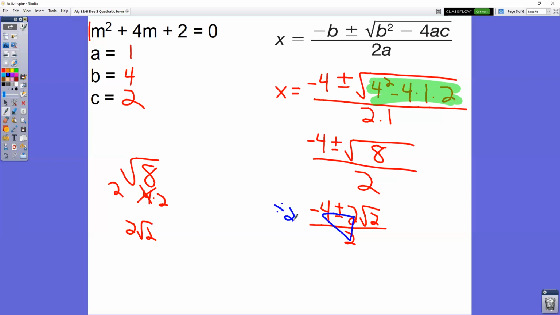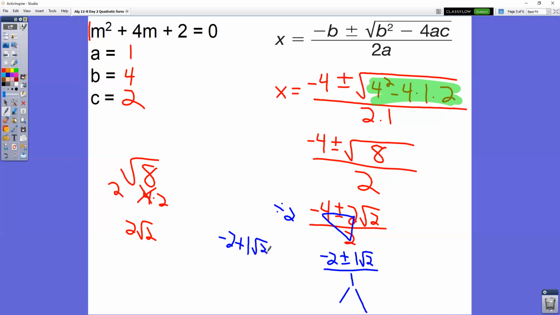Be very careful. Remember, we always leave that radical alone. So -4 divided by 2 is -2. Plus or minus 2 divided by 2 is 1. 2 divided by 2 is 1. So we're going to split it. When we go to split it, we would have -2 plus 1 radical 2, or just radical 2.